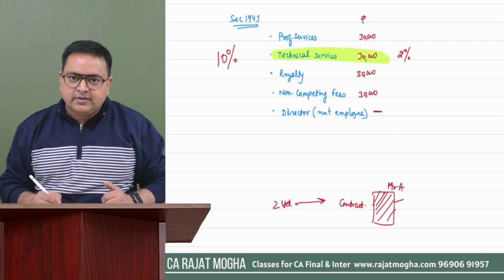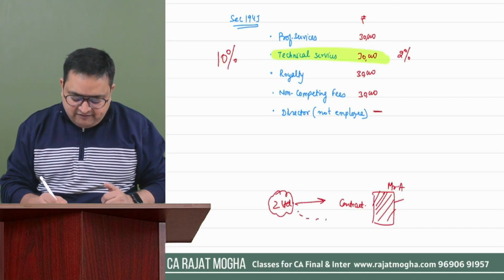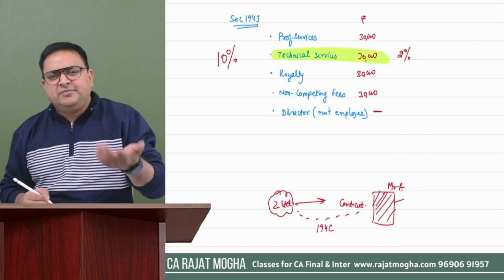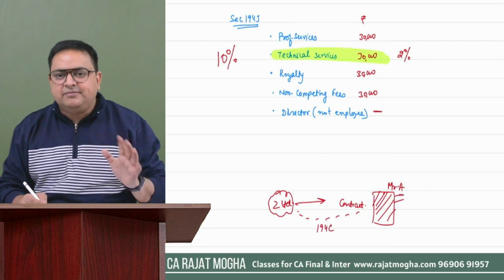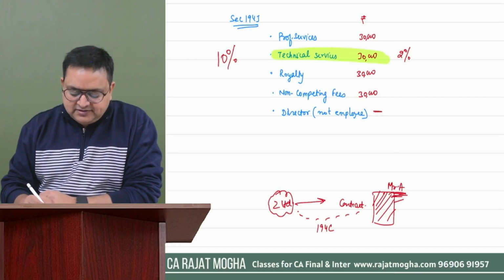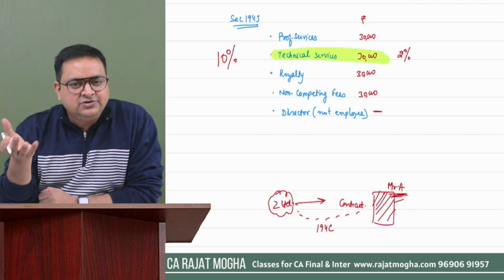And Z Limited is of the opinion that we have given a contract, so we will deduct TDS under section 194C. How much? 1% or 2%. If this is Mr. A, 1%, let's say. If this is a company, let's say 2%. If this is an individual or HUF, you understand who is the contractor. If he is not an individual or HUF, then 2%.